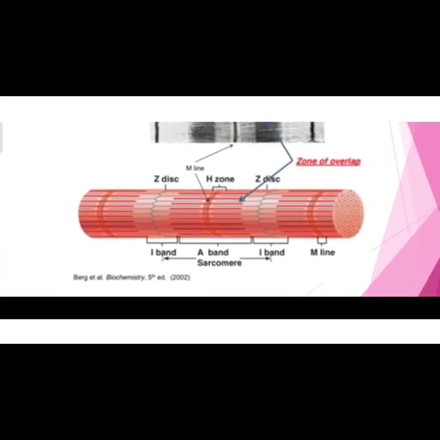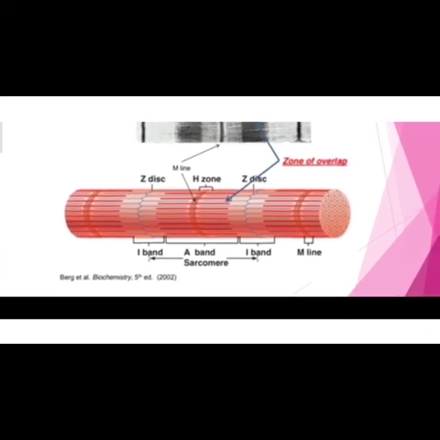So you can see all the things clearly here. The H zone, where there is only thick filament or myosin. The Z disc, where there's attachment of actin and myosin via titin.